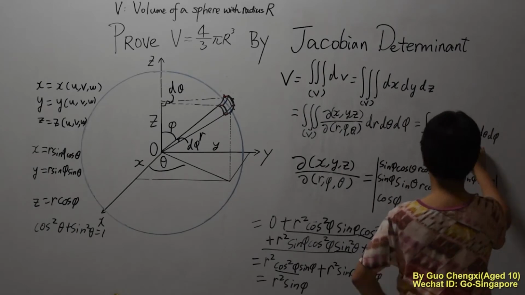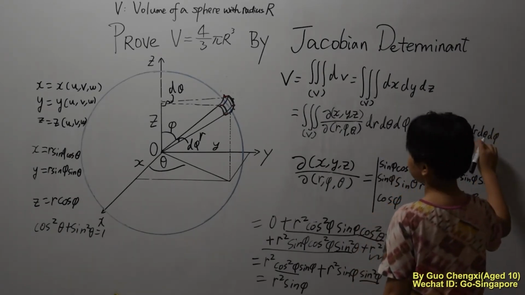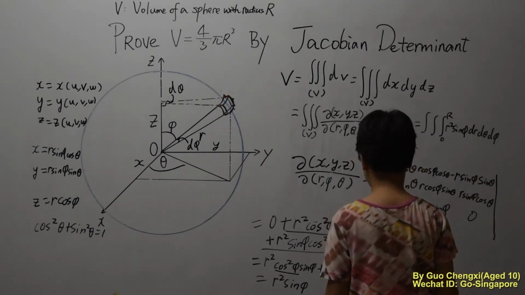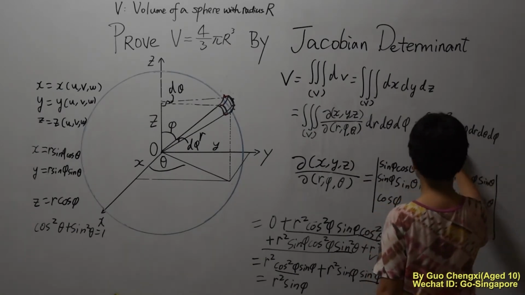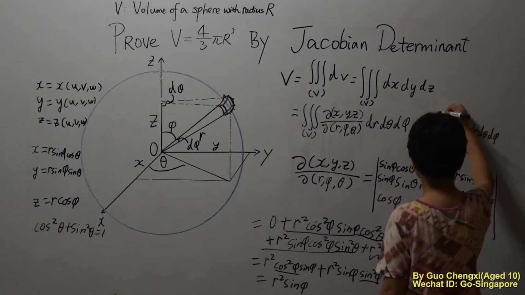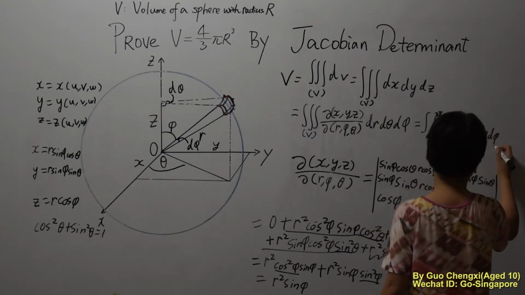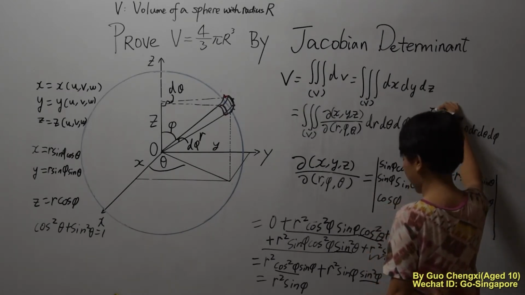Then for the dr, I'm gonna do it first, 0 to r. Then what about d theta? D theta in this case, well, okay. For this part, it will become from 0 to 2 pi. Then for the phi, it will become 0 to pi, right?